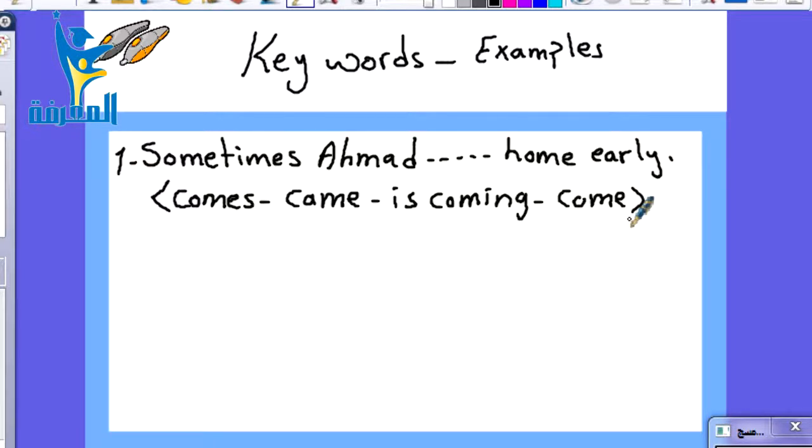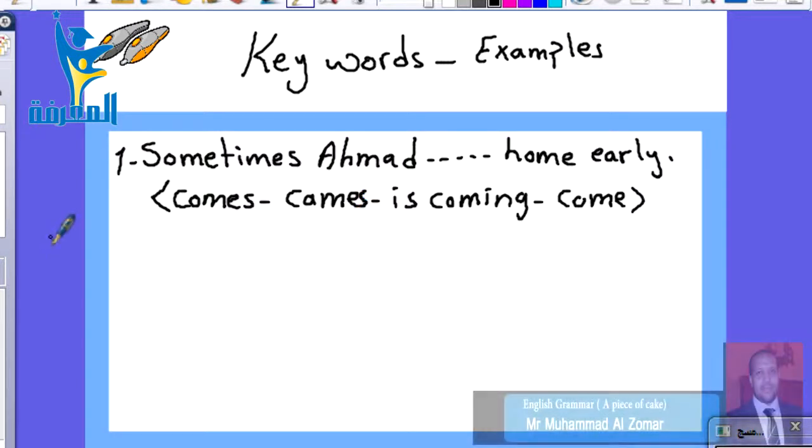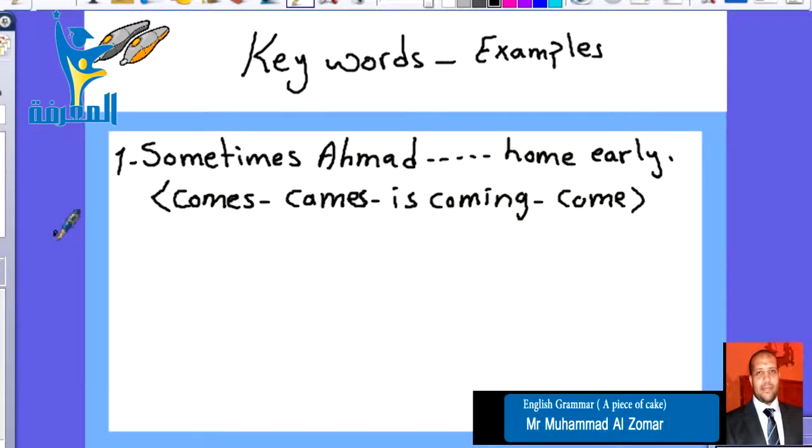Which one of these is the correct one? As we know, we have used here sometimes. It's a word that expresses the present simple tense.